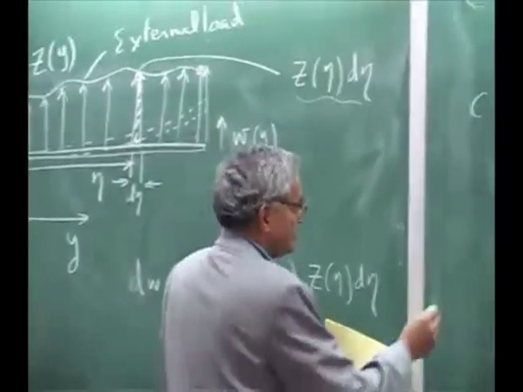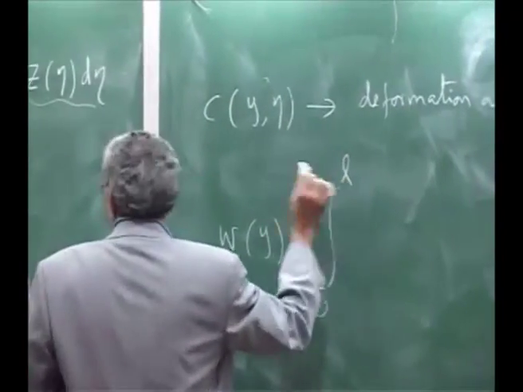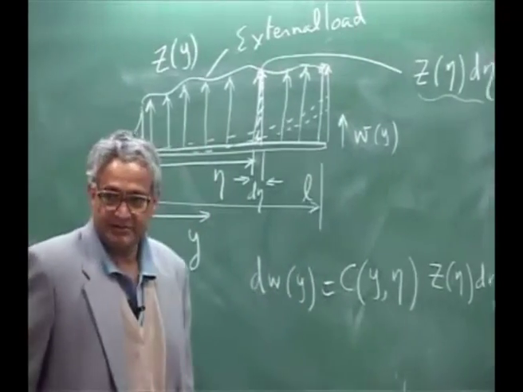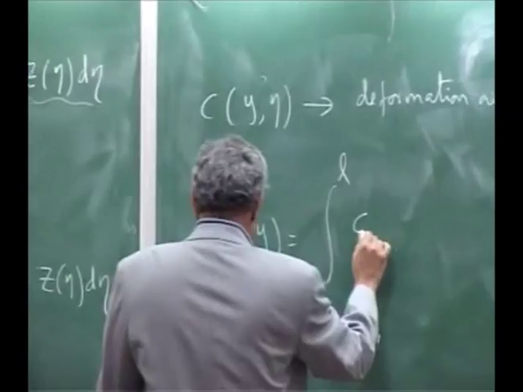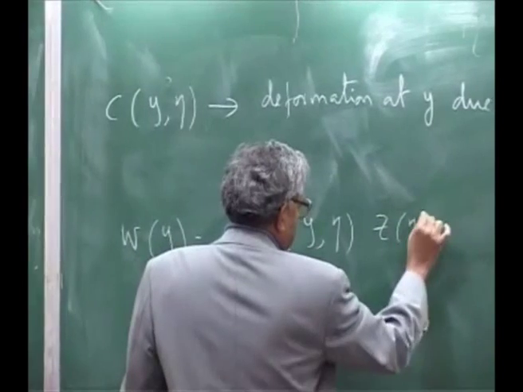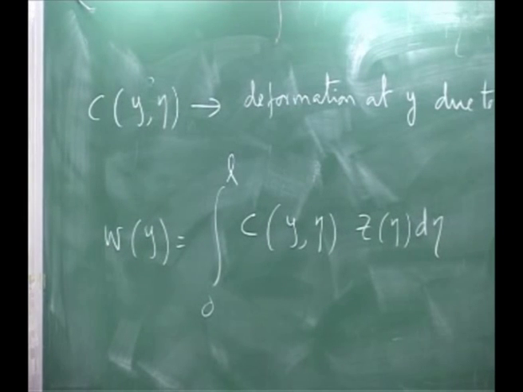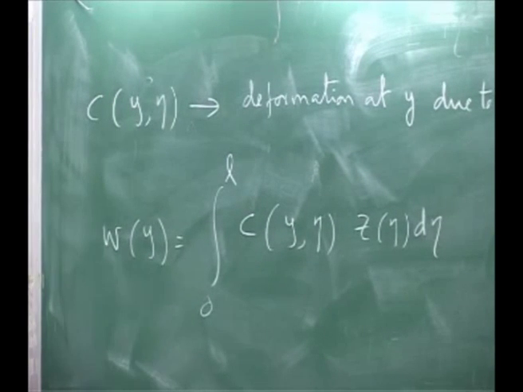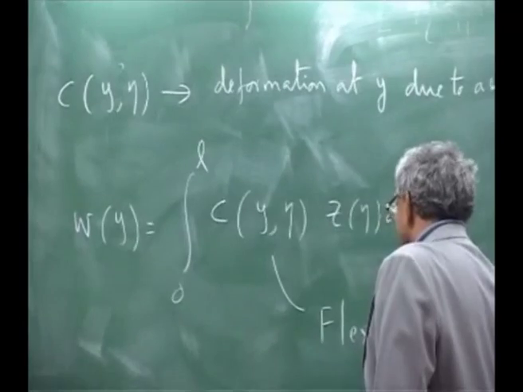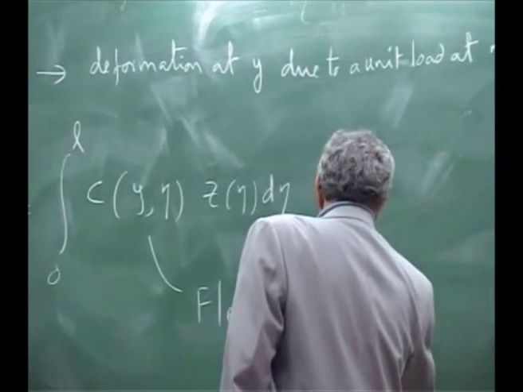So now you can write w at any y will be integral 0 to L, where L is the total length, c(y, eta) z(eta) d eta. Okay. Now this is called again flexibility influence function.